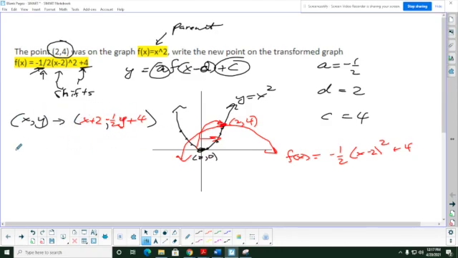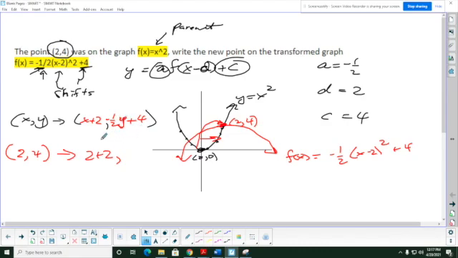This makes it really easy if you have a specific point, like we do here, the point (2, 4). For the new graph, I take my x value and add 2. I take my y value and multiply by negative 1/2: 4 times negative 1/2 is negative 2.